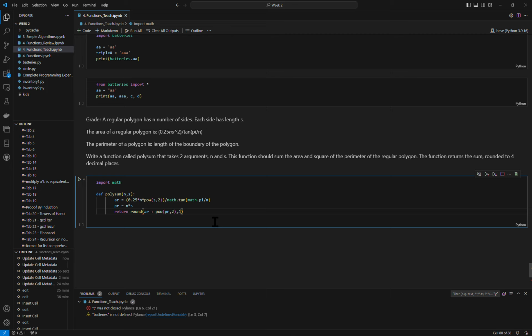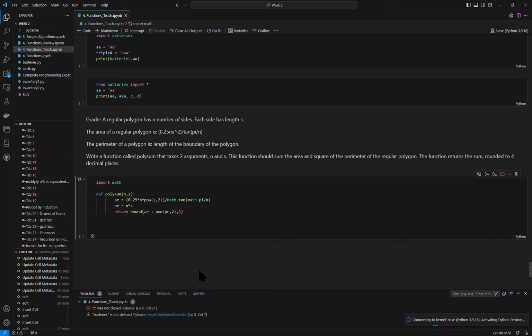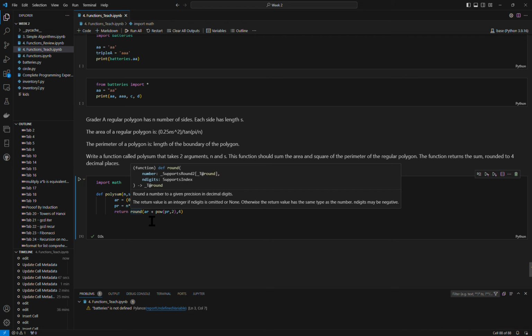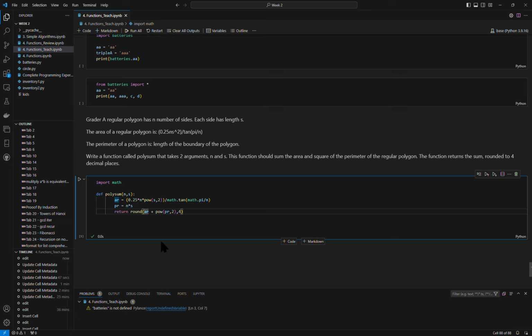Now what we need to do here is run this command. Let's try to run this and see if it works. We did close this, so why is it saying it's not closed? It is closed.